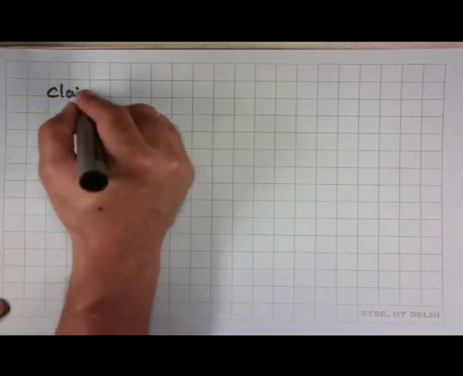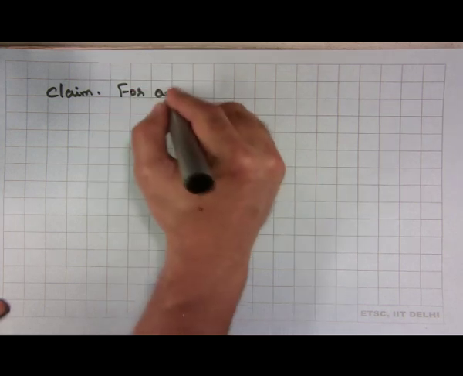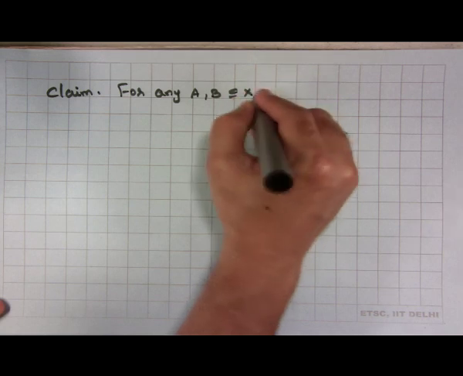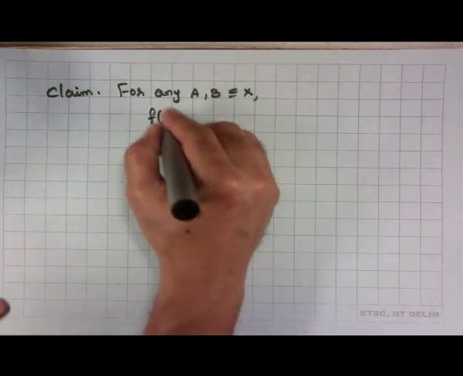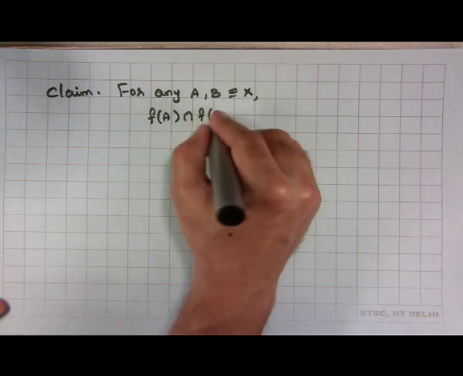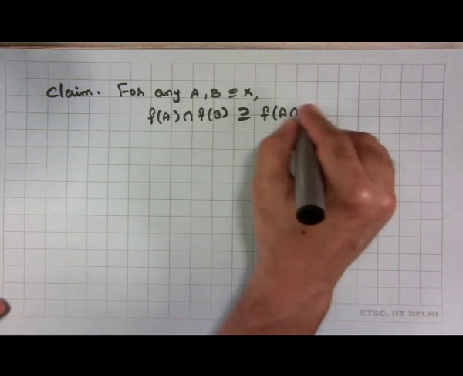Our claim is that for any A, B subsets of X, f of A intersection f of B contains f of A intersection B.